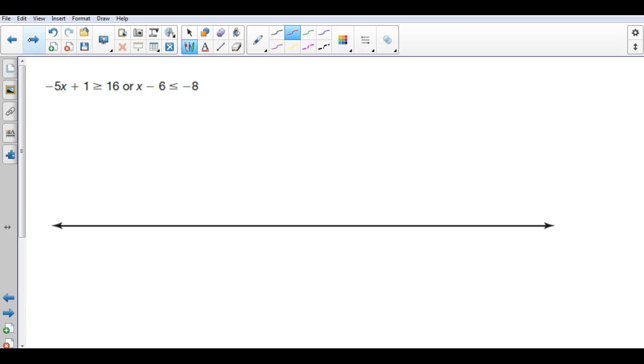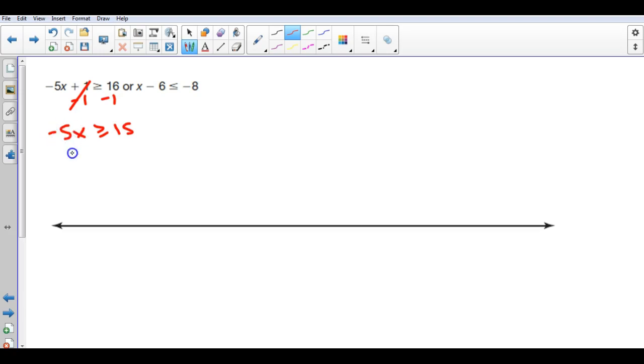And then the last example, it's another "or". We're going to solve these separately, and this is going to introduce a separate thing where I have a negative coefficient here. So watch what happens when that time comes. I'm going to subtract 1 on both sides. Negative 5x is greater than or equal to 15.